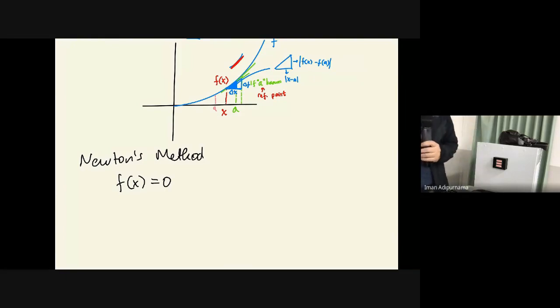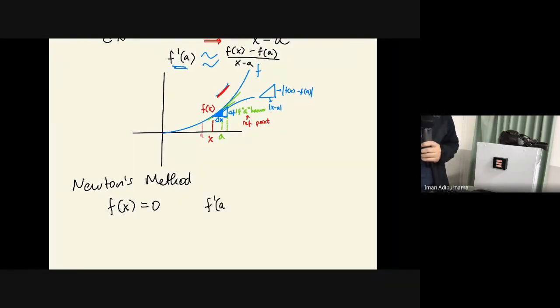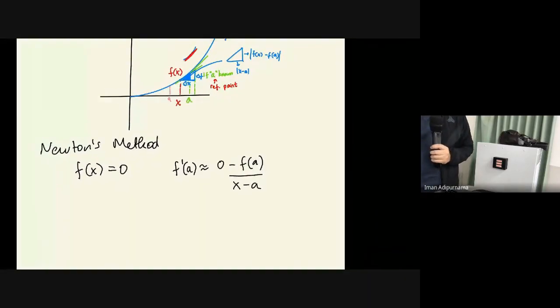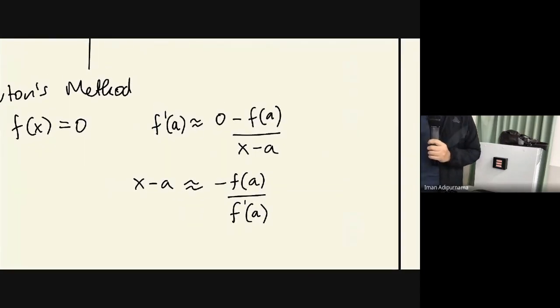So when you have f prime of a, and f of x is 0, you have this expression. You change the variable, then it will be this: x minus a is approximately negative f of a divided by f prime of a. What we need to find is x, and a is another reference.